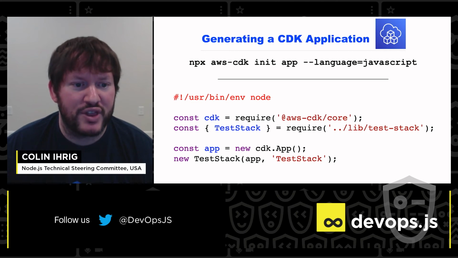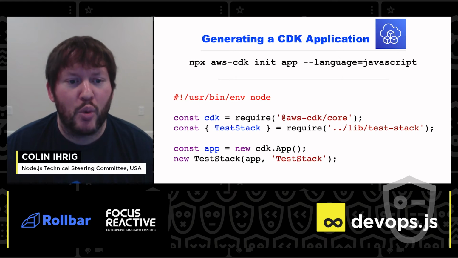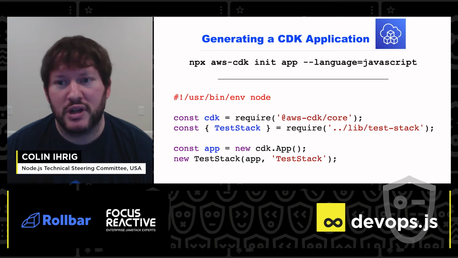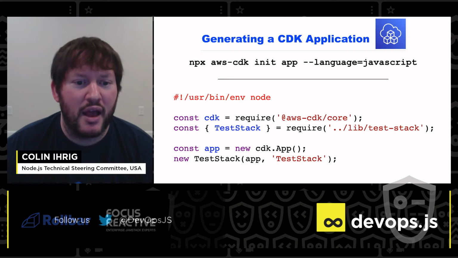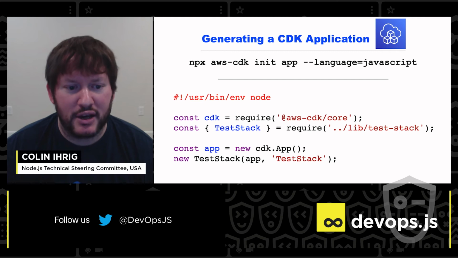And within the test stack, you can see it passes the app as the first argument. So that is how the construct tree keeps track of which constructs are children of which other constructs. And then we're going to be calling this one test stack. So that's what the second option is there.